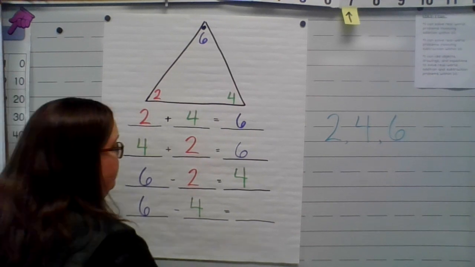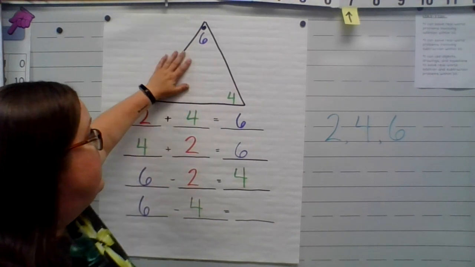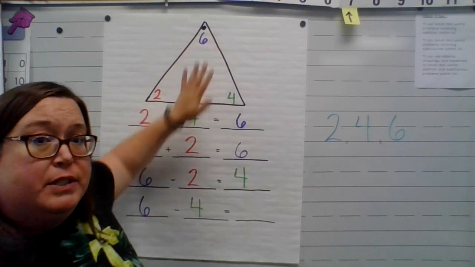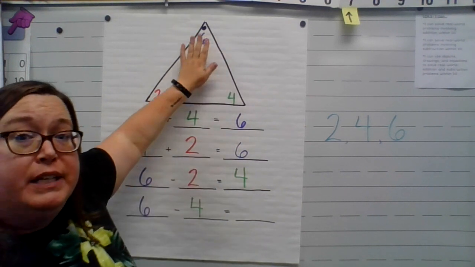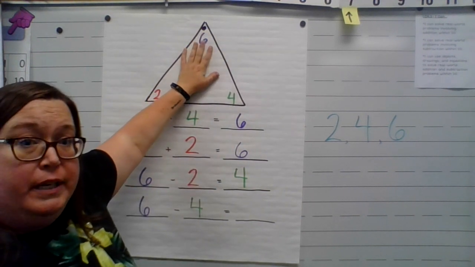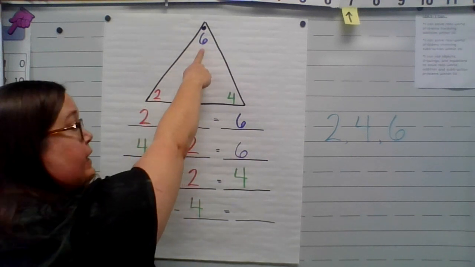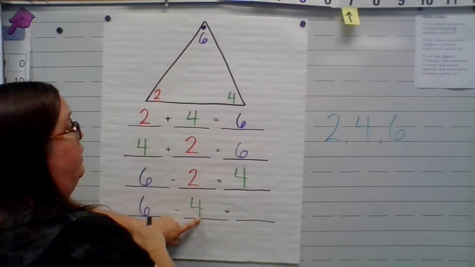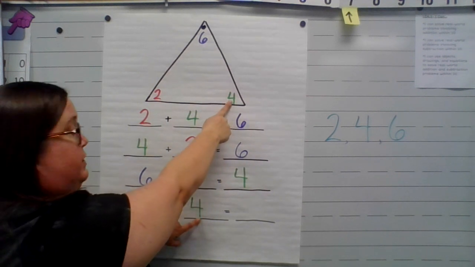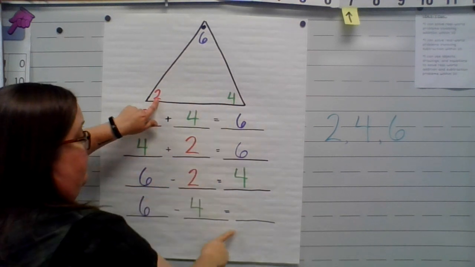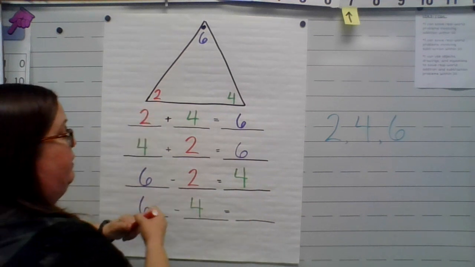If I do like I did before, go back to this, because remember, all of the numbers that we use in our number sentences have to come from this fact family. Okay? 6, I already used 6, can't use that again. 4, I already used 4, I can't use it again. That leaves the 2. 2 has to go there.